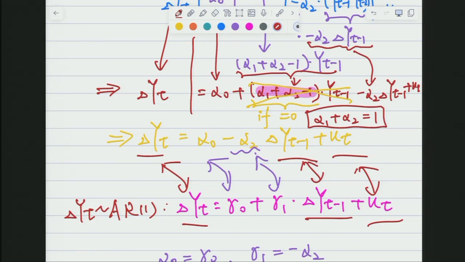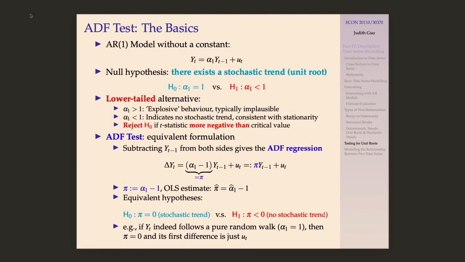Now, coming back to where we left. Essentially, we talk about the ADF test, and it's just about testing whether we have a unit root in the original series. The logic of the ADF test is that we transform the AR1 into an ADF regression, where we have the first difference on the left, and we are testing whether the coefficient pi on the yt minus 1 is 0.